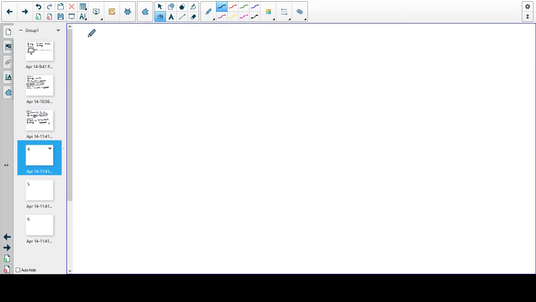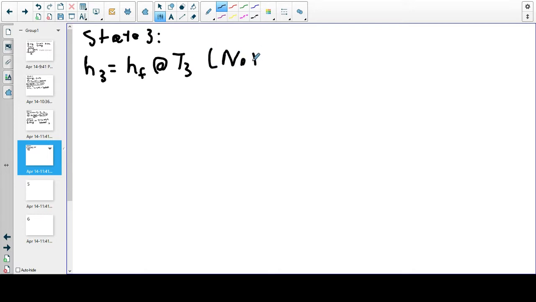If you recall, to solve for the enthalpy of a subcooled liquid, you must look up the hf value, the enthalpy of the liquid, but it must be at the temperature listed, not the pressure listed, because the pressure listed will be wrong. And I make that well known right here.